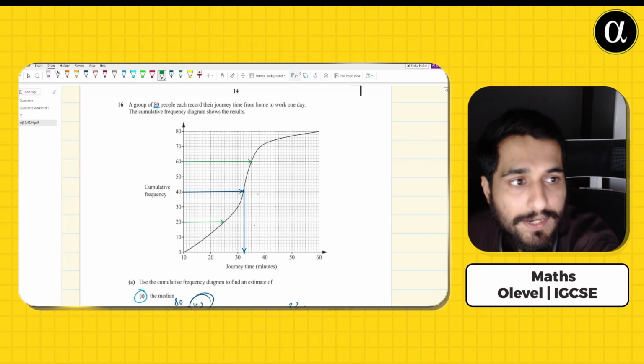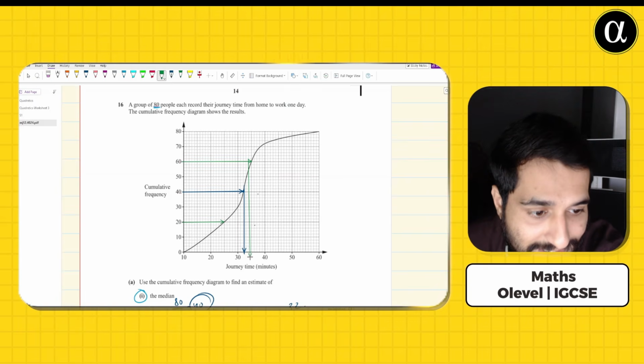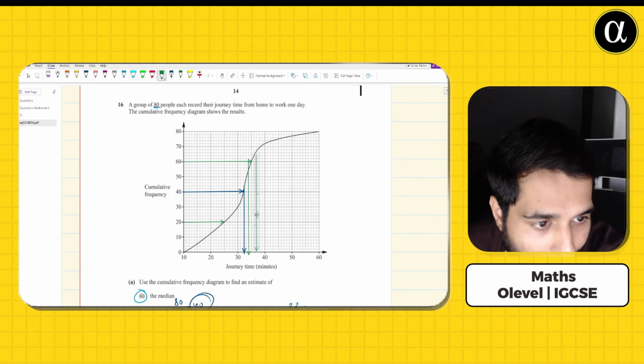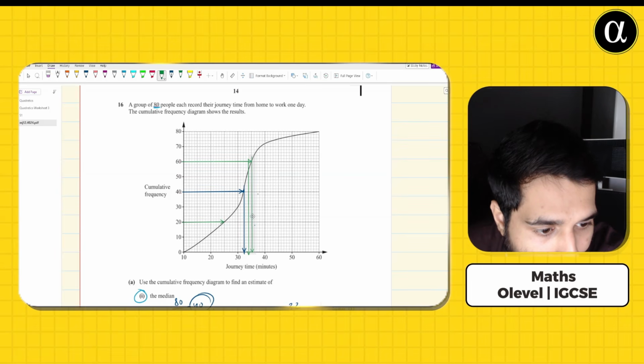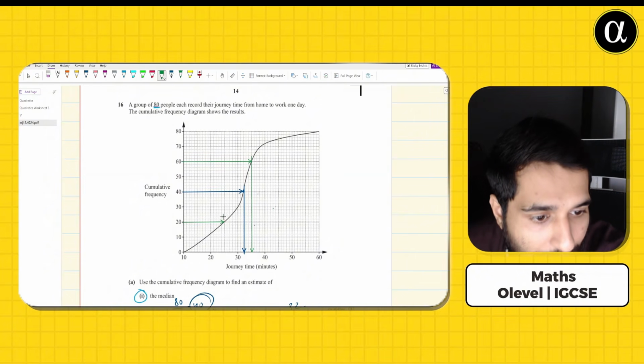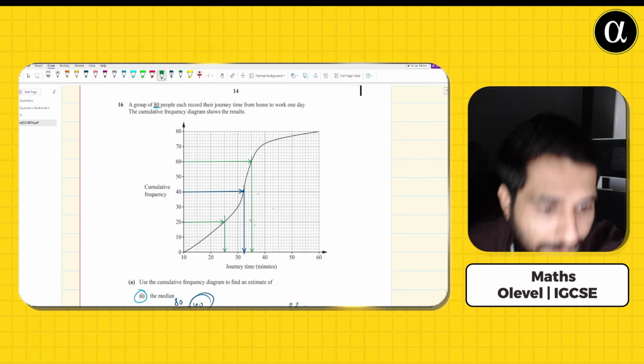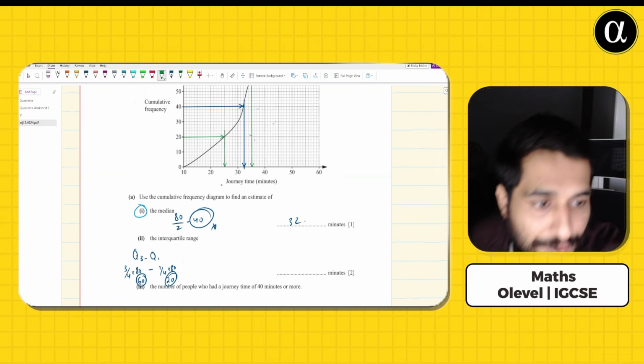And then we're going to read its values on the x-axis, apologies, which is going to be right here. And for this case, you read its value on the x-axis as well, right here.